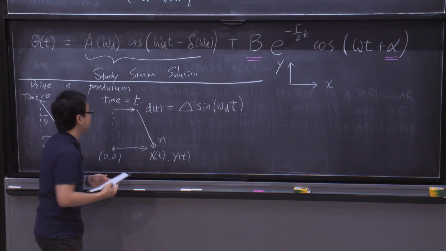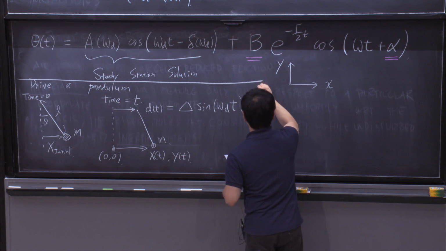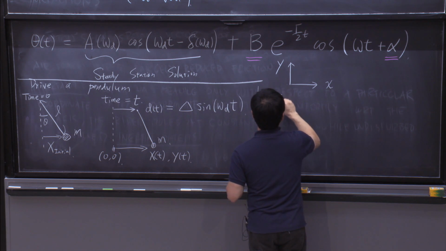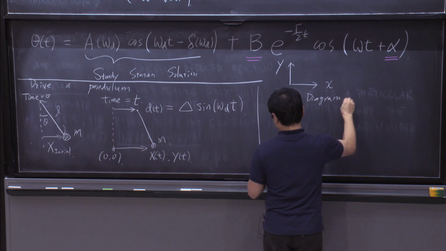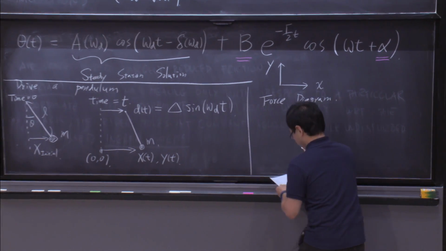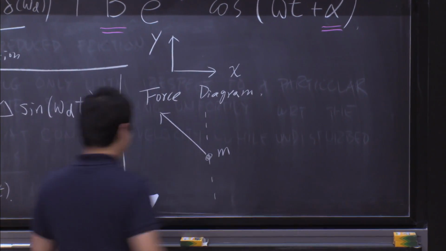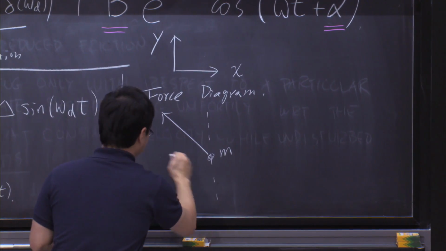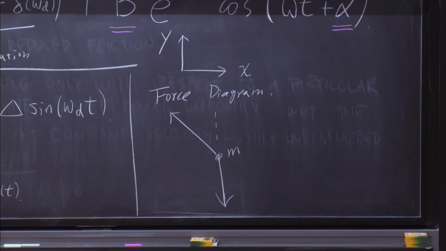Of course, as usual, we are going to analyze the forces acting on this ball, so we will draw a force diagram. Basically, you have the little mass here, and two forces acting on this little ball.